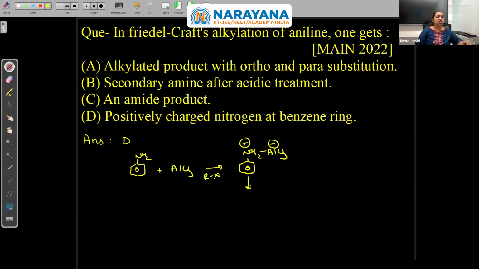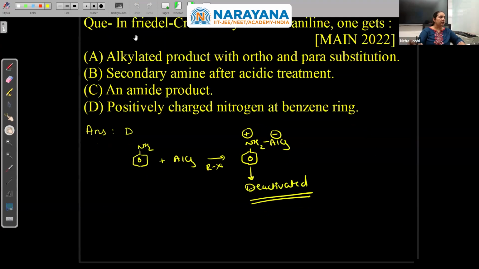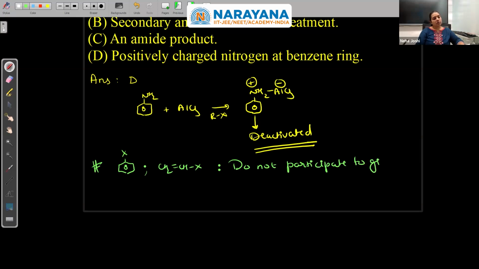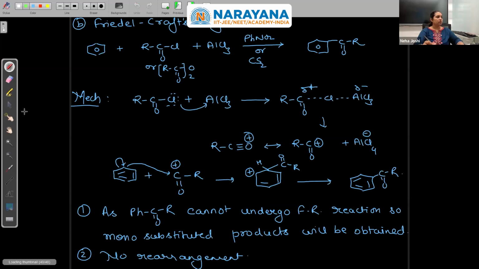As a result, this ring gets deactivated and no further attacks take place. And yes, there are certain groups which will not participate in Friedel-Crafts. You cannot generate an electrophile with PhX, CH2=CHX. They do not participate to give E+ in Friedel-Crafts reaction.